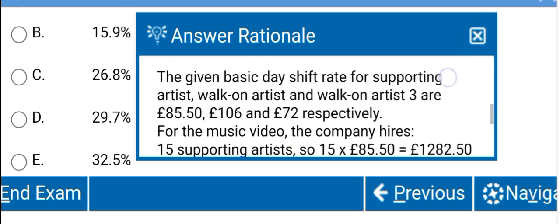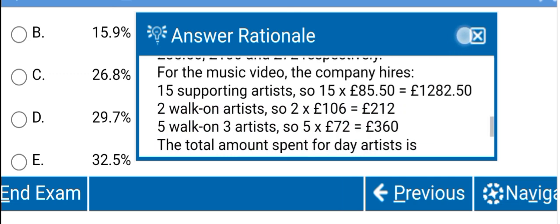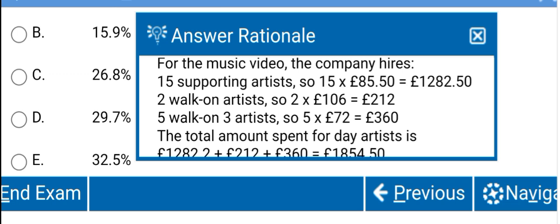The given basic day shift rates for supporting artist, walk-on 2 artist and walk-on 3 artist are £85.50, £106 and £72 respectively. So for the music video, the company hires 15 supporting artists.